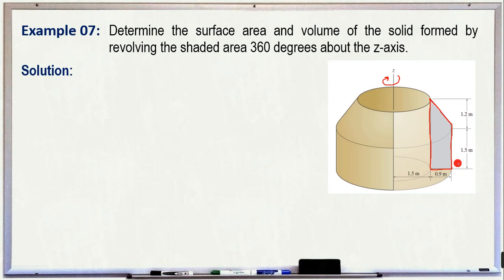So, what will generate a surface? We have this side, and also this side, and also this side, it will generate a bottom surface, and also this one, this side, it will generate an inner surface. So let's start with solving for the surface area of this figure.